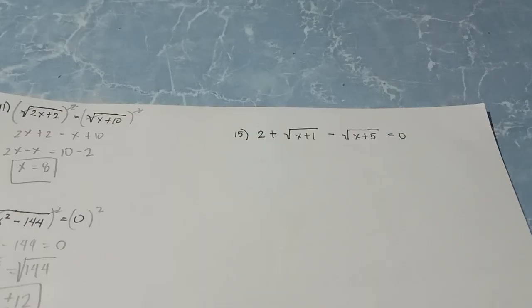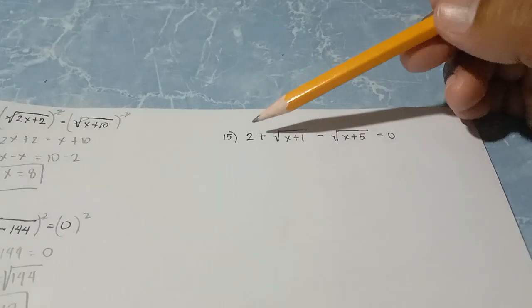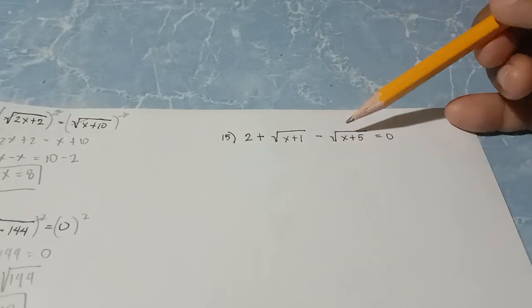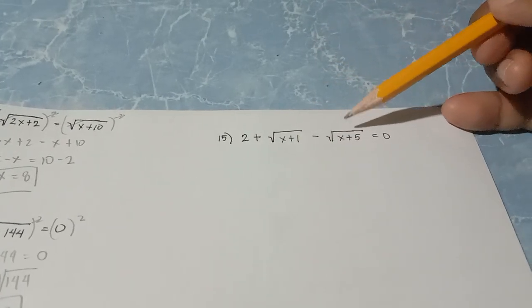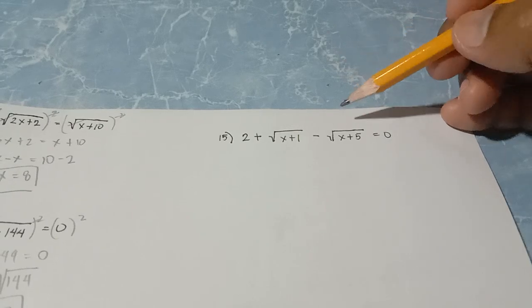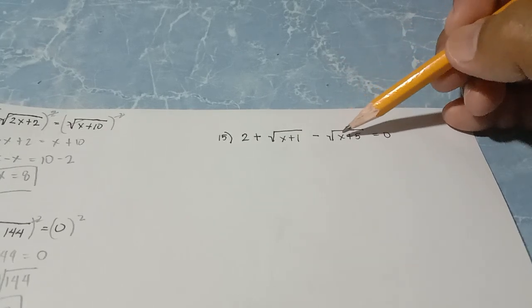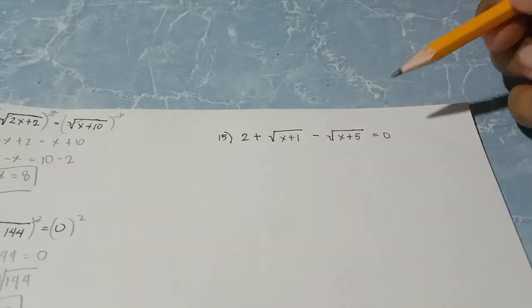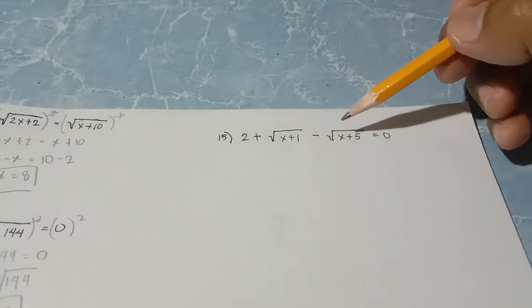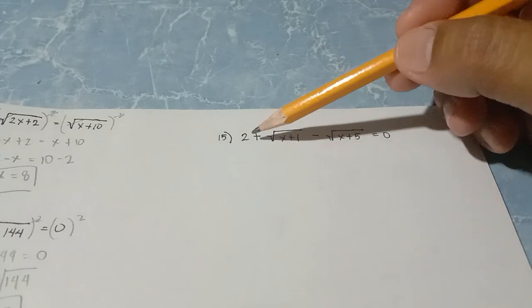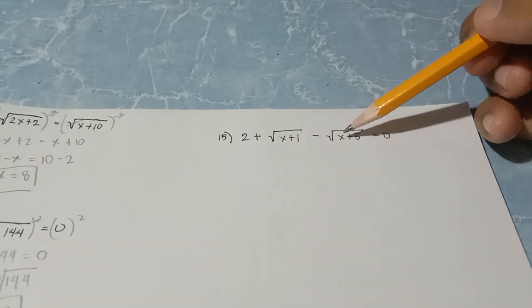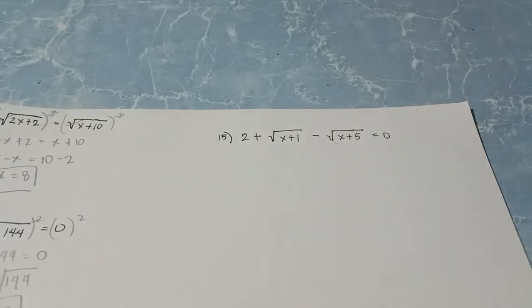Next, last number, 15. So, ang given natin ay 2 plus the square root of x plus 1 minus the square root of x plus 5 is equal to 0.